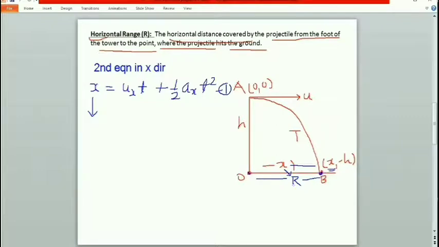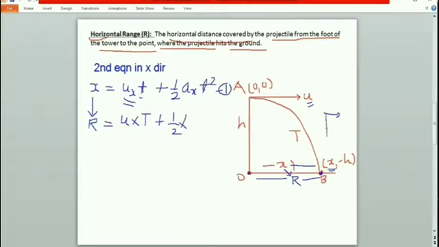That is equals to R, horizontal range, equal to ux t. Ux, as you know, the x component of initial velocity, that is equals to u, multiplied by t, time taken from A to B, which is time of flight, plus half ax, acceleration due to gravity in x direction.